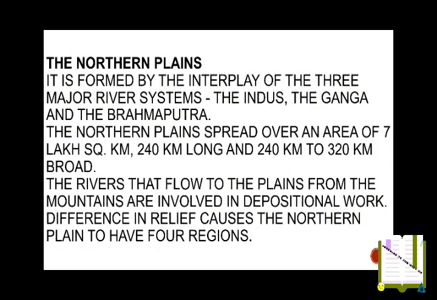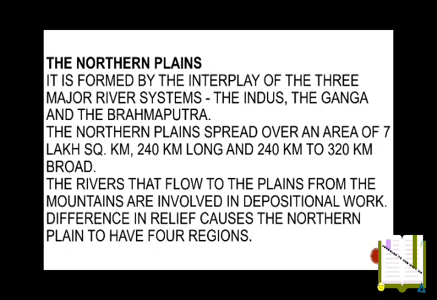It is formed by the interplay of three major river systems, the Indus, the Ganga and the Brahmaputra. The northern plains spread over an area of 7 lakh square kilometers, 240 km long and 240 km to 320 km broad. The rivers that flow to the plains from the mountains are involved in depositional work.